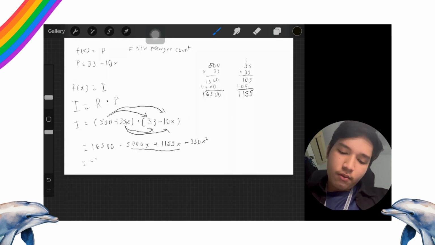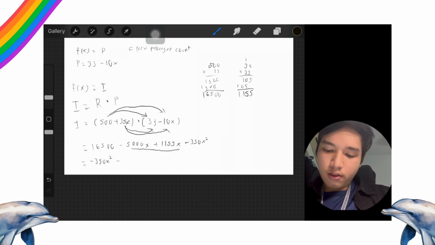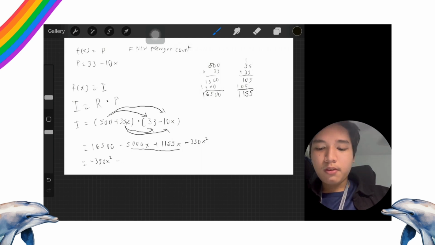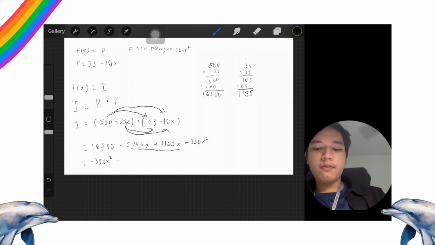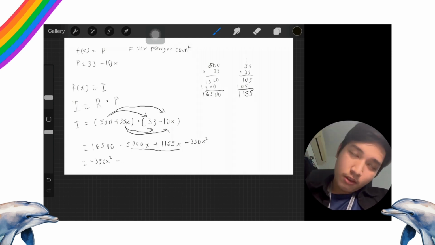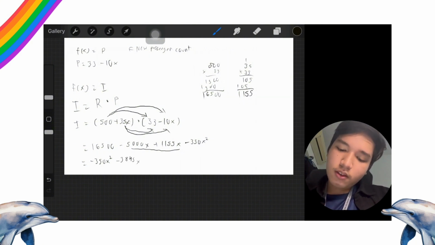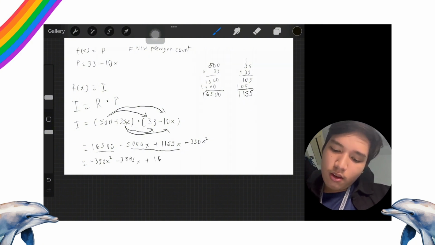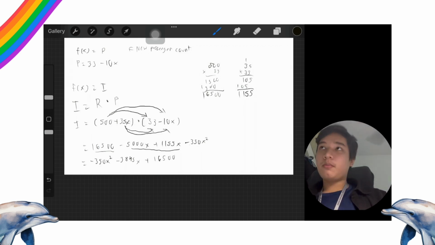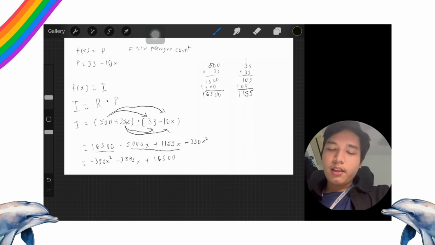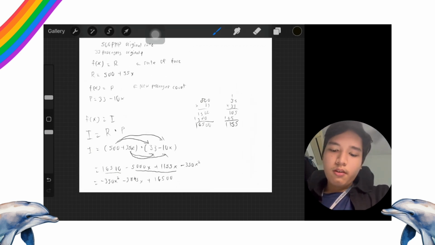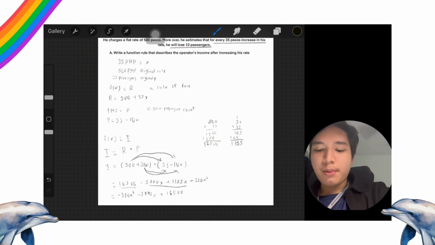Negative 350x squared minus 5,000 plus 1,155x, negative 3,845x plus 1,600. So that is our function rule for every time you increase the fare by 35 pesos.